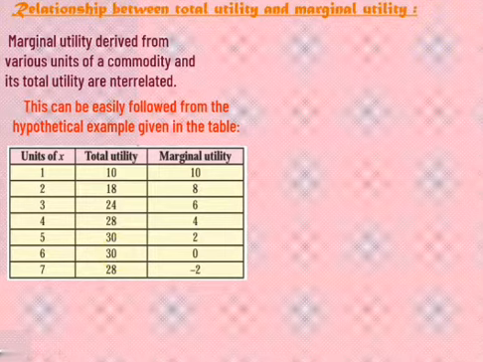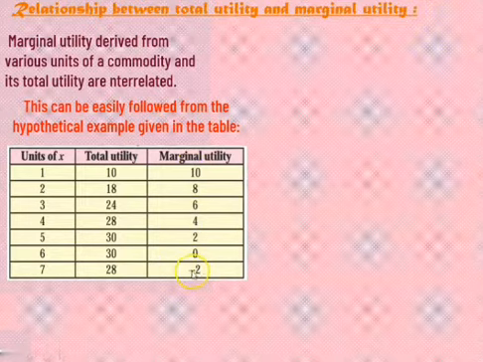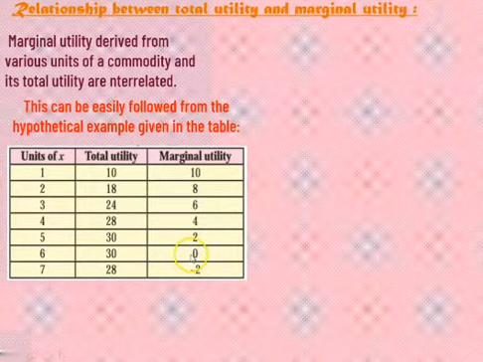But if the person further consumes the next unit of pizza, that commodity X, seventh unit, we can say marginal utility turns into negative, that is minus 2. Now minus 2 means what here? The satisfaction level that previously the consumer was enjoying turns into dissatisfaction.